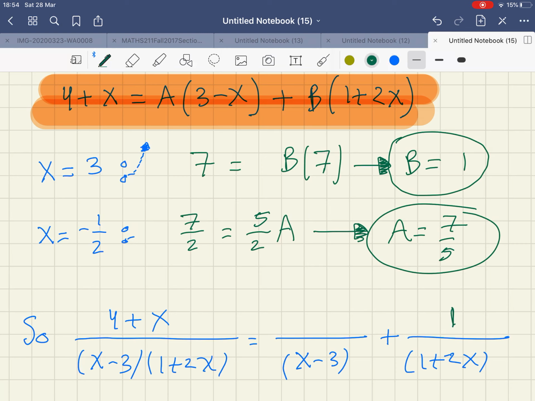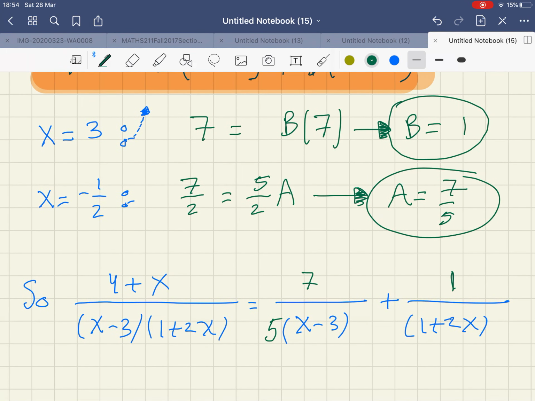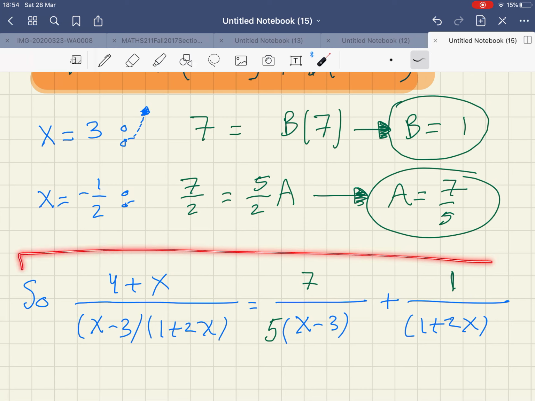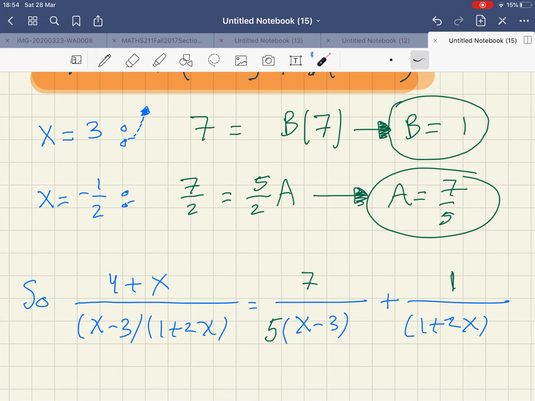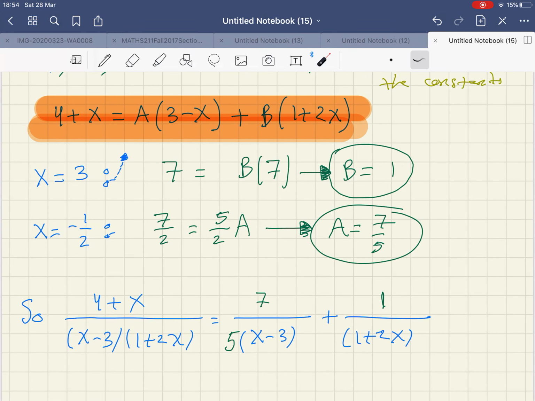Here I write 1, and here I write 7 over 5. And that's exactly where we end up. This is how we do partial fraction. It's a long process, yes. We need to do the partial fraction. We need to find the constants. But the benefit of this, you will see in the next example.